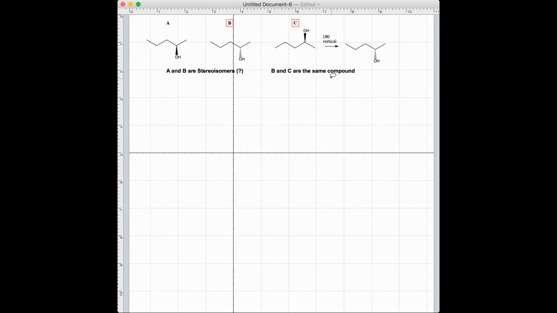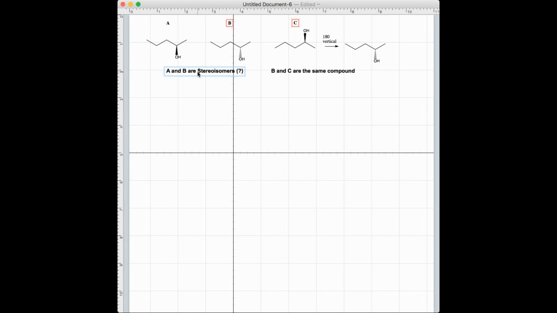Okay, so now I want to address the next question. B and C are the same. That's it. A and B are different compounds. We just said that they are stereoisomers because they have the same molecular formula, the same connection between the atoms, and different orientation in space.